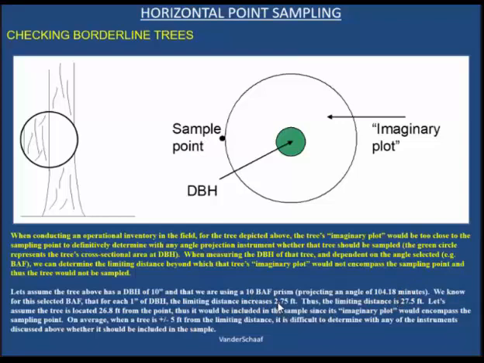Knowing that the plot radius factor is 2.75, you'd multiply that by 10, because it's a 10-inch tree, and then you would measure the distance from the tree to the point, and compare it to the limiting distance of 27.5. If it's equal to or less than 27.5, it should be included, and it is less, so therefore it should be sampled.